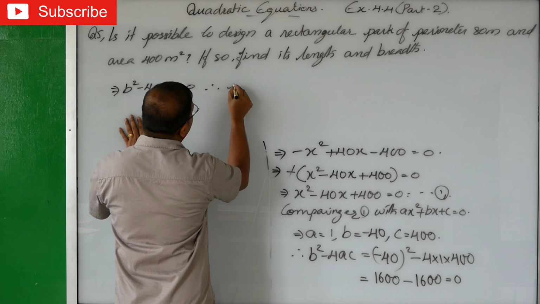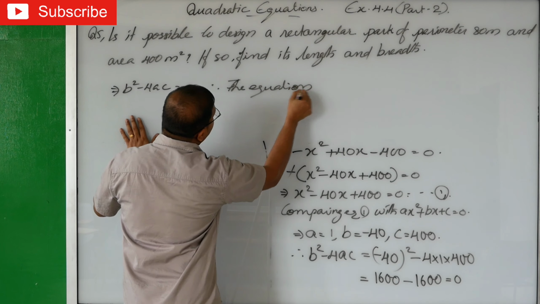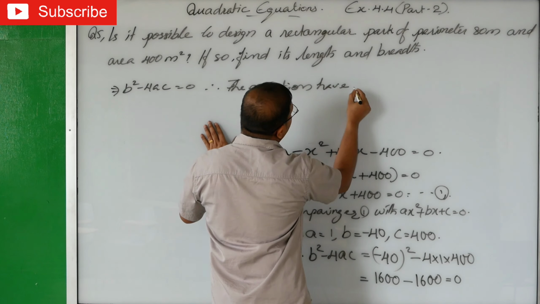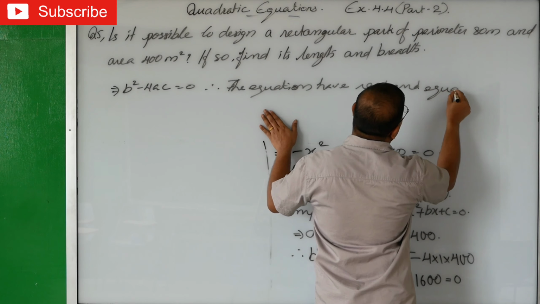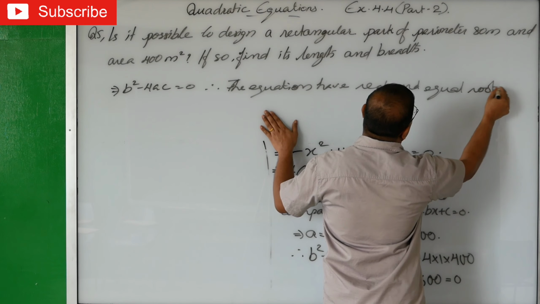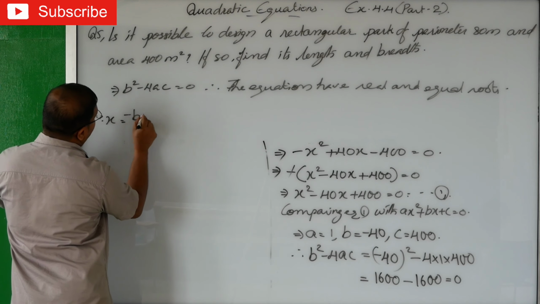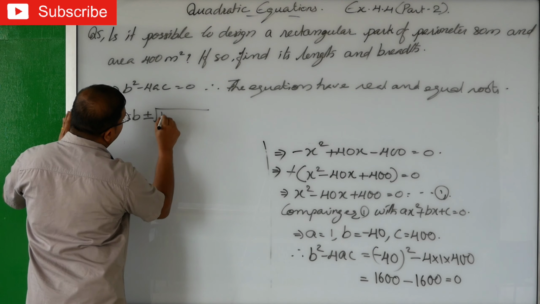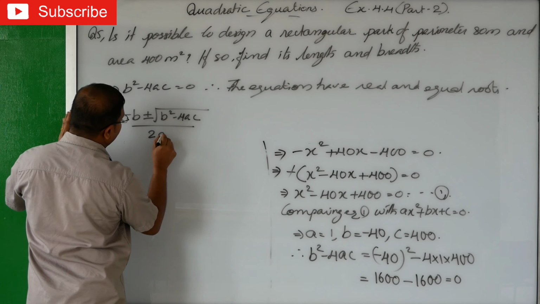Therefore, the equation has real and equal roots. Ready? Therefore, x equals minus b plus or minus root of b square minus 4ac by 2a.